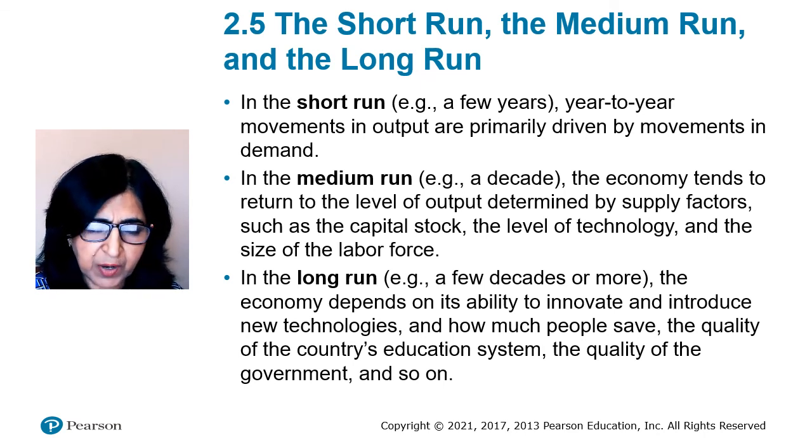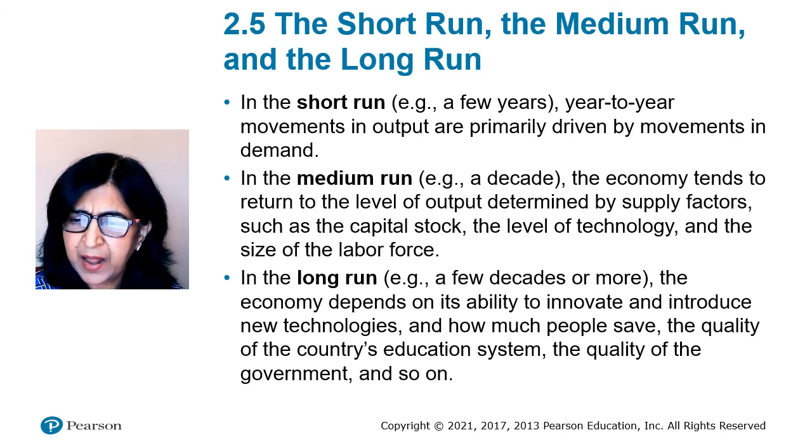In the long run, for example a few decades or more, the economy depends on its ability to innovate and introduce new technologies and how much people save, the quality of the country's education system, the quality of the government, and so on.